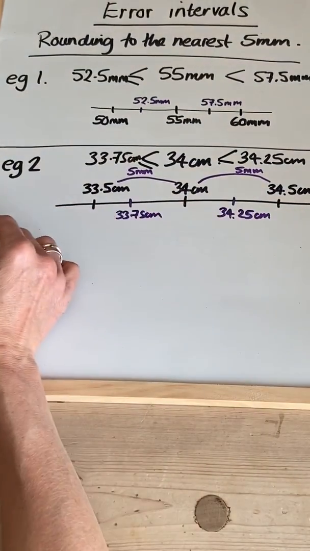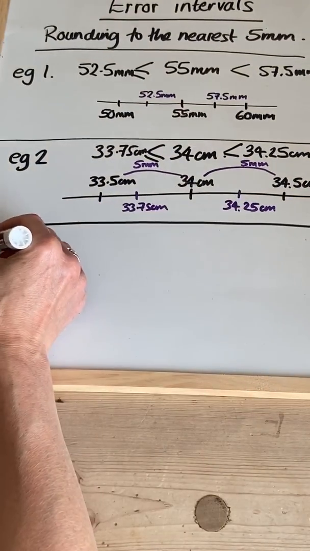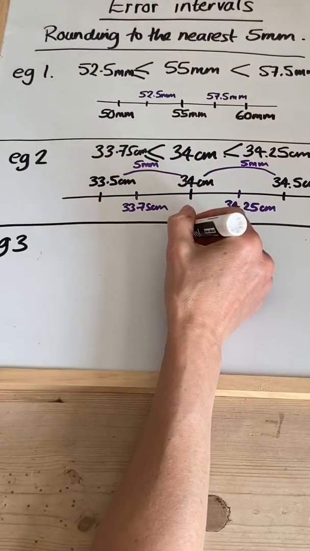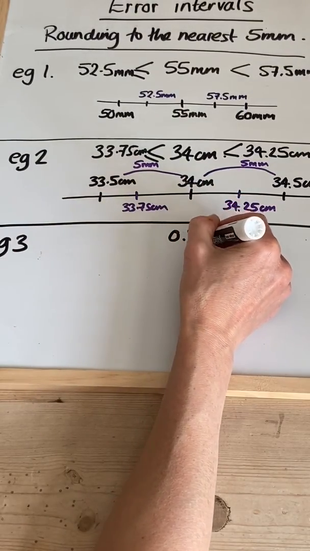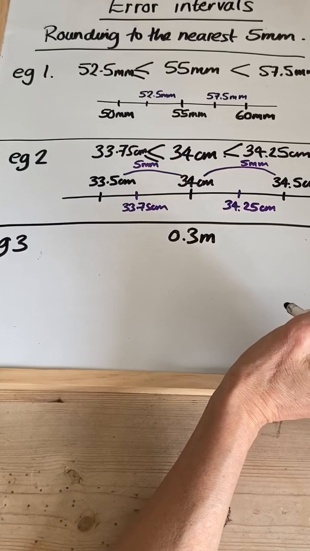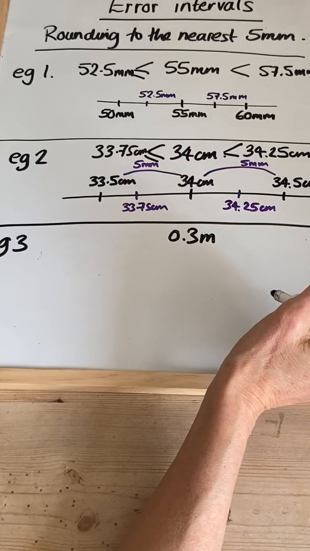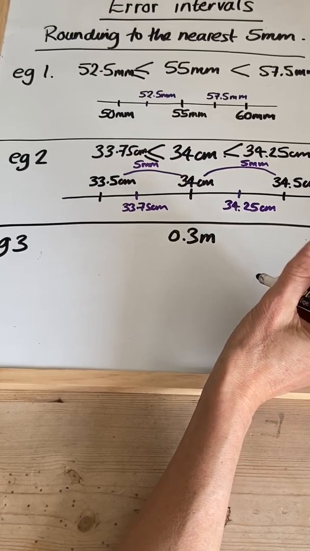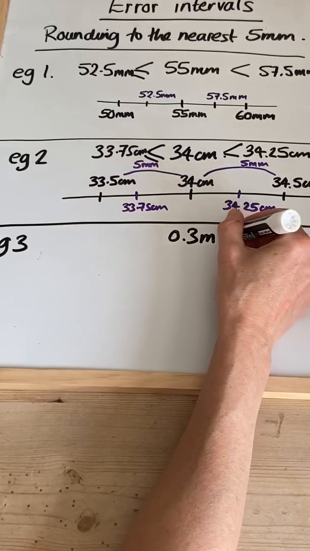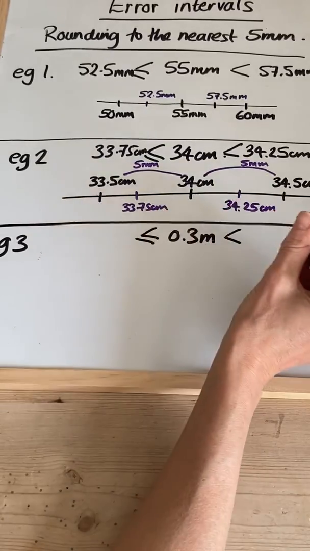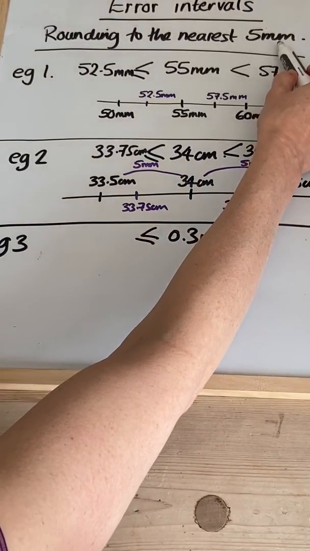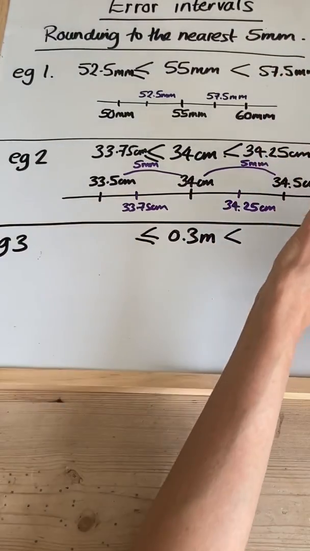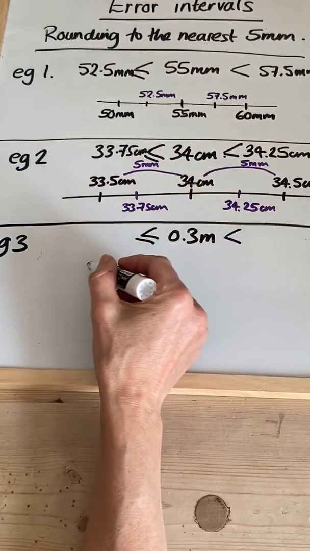Final example. Guess where we're going with this? We're getting bigger with our units each time. 0.3 meters, but now with my 0.3 meters, I'm still looking at rounding to the nearest 5 millimeters.